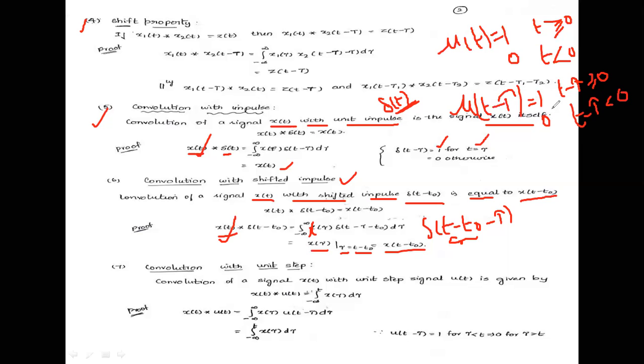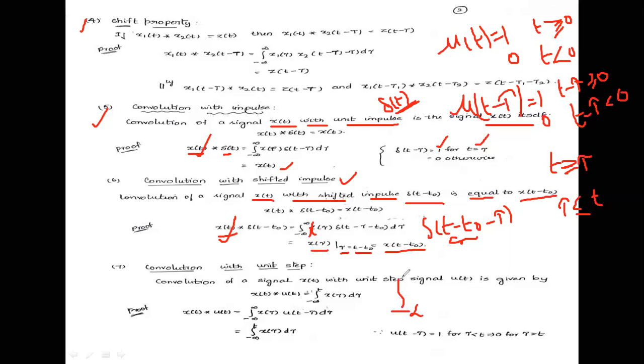So forget about the 0 values. What is the 1? t minus tau greater than or equal to 0 means t is greater than or equal to tau, so tau is less than or equal to t. That means from minus infinity to t, the upper limit.